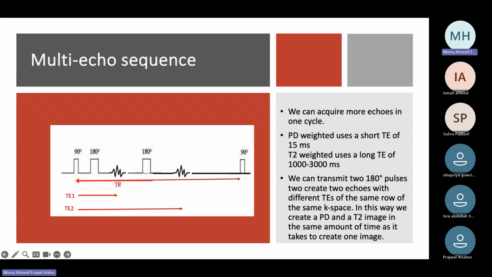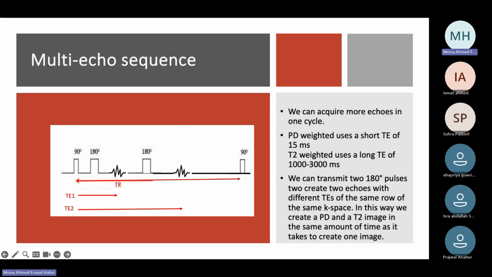Both proton density and T2 have a long TR, so we can make proton density and T2 together. So we can transmit two 180-degree pulses to create two echoes with different TEs of the same row of the same k-space.